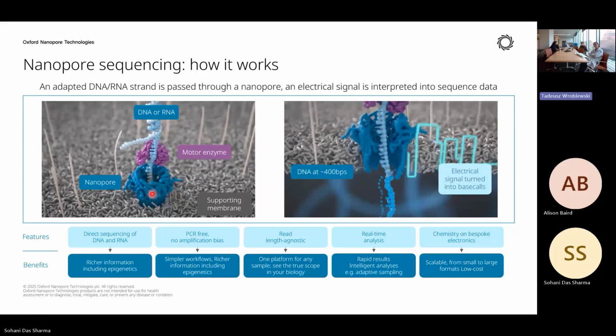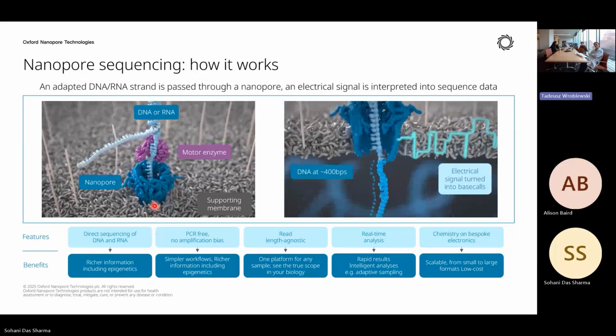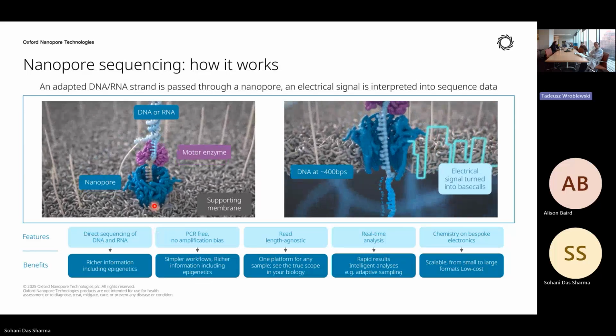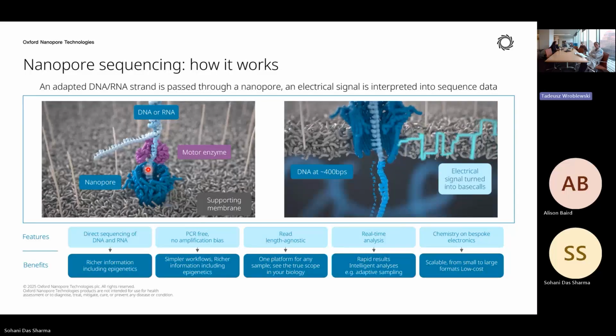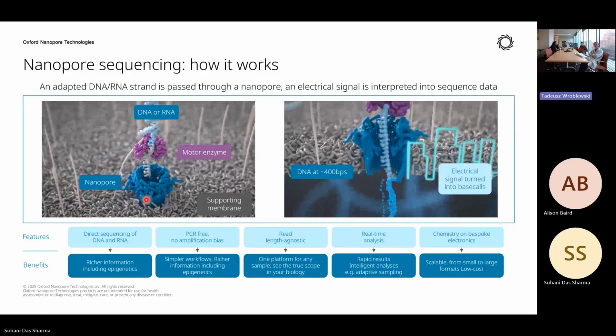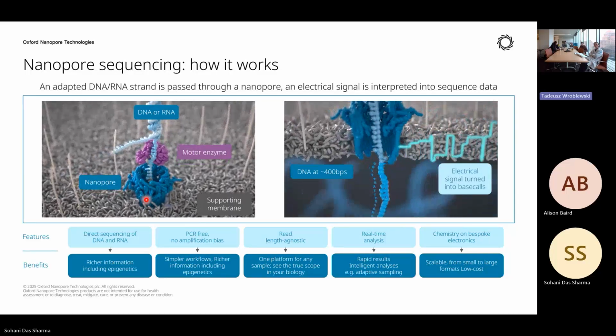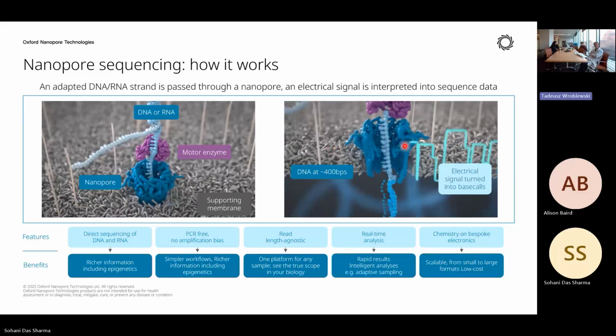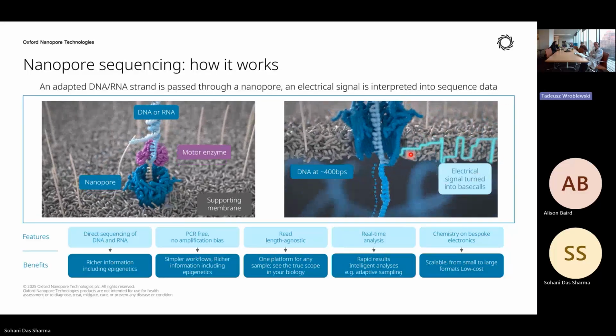So what happens when a native strand passes through the pore? There is a disruption of the electrical signal, which we call the squiggle, as you can see here.